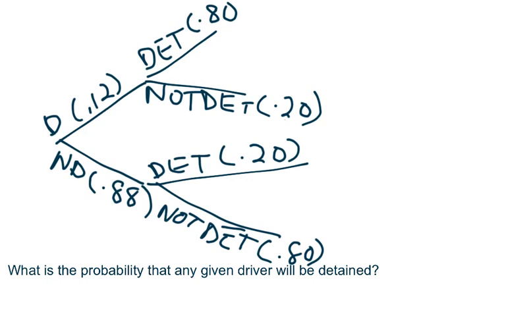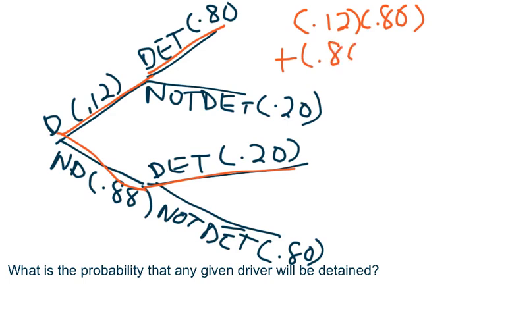Next, we would like to know what is the probability that any given driver will be detained. So, the probability that a person is drinking and has been detained, 0.12 times 0.80, and we'll sum that or add it to the probability that someone has not been drinking and has been detained.